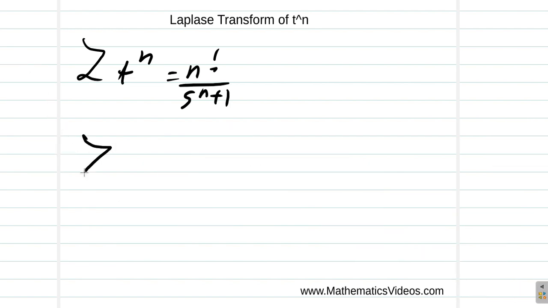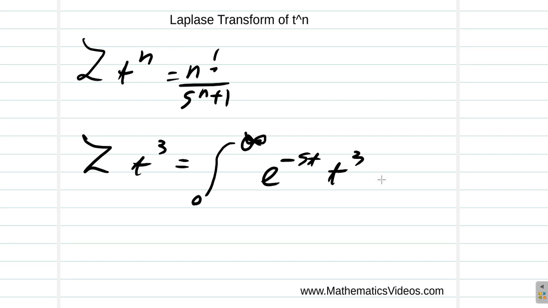Suppose you find, say, the Laplace transform of t raised to the power of 3. It will be the integral from 0 to infinity of e to the minus st t to the 3 dt. Right?